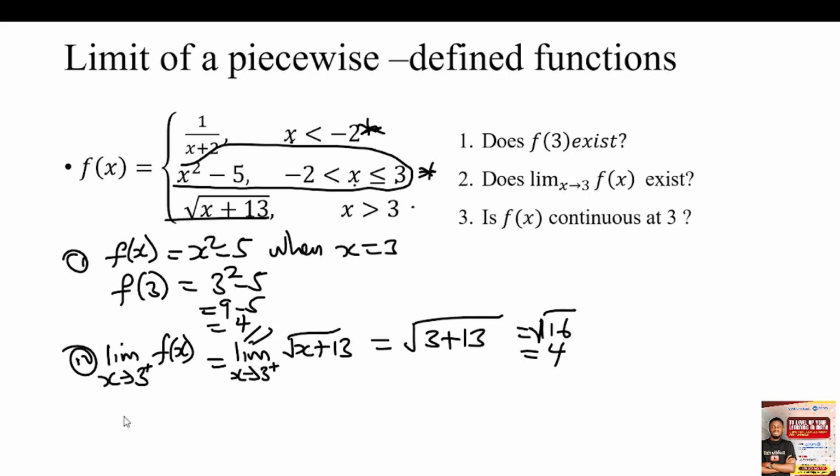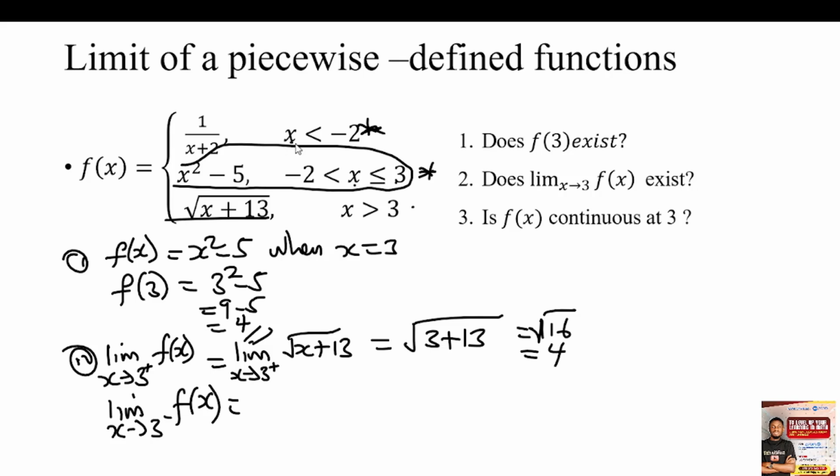Then we check the graph as it approaches from the left, and that's the limit of the function as x approaches numbers which are slightly less than 3. So we check through our piecewise functions again. Which of these domains has x less than 3?